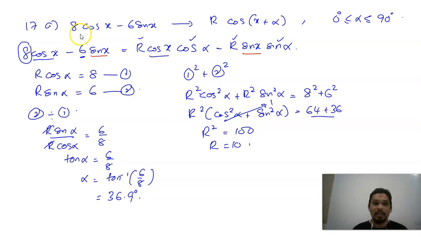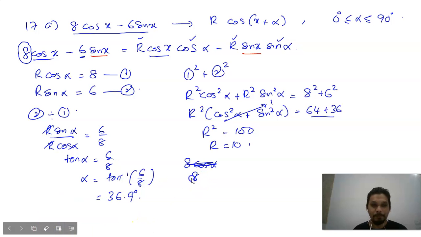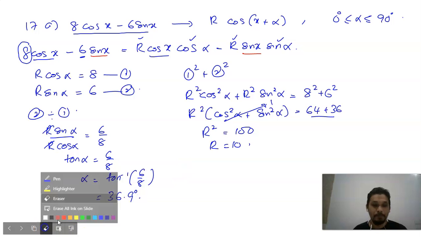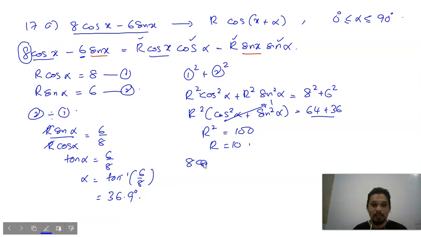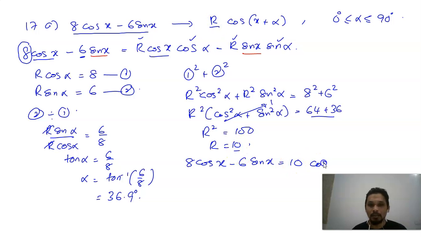So now finally we get almost at the end of the step here. So we write down 8 cos x minus 6 sine x equal to r, equal to 10 cos x plus alpha, equal to 36.9 degree.